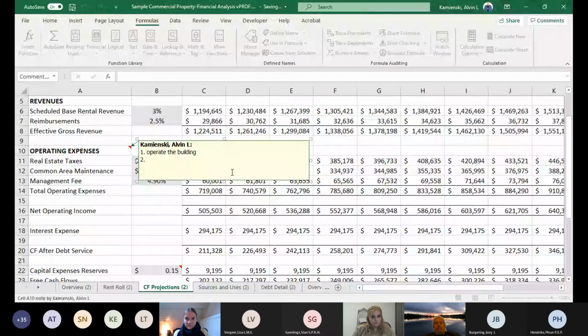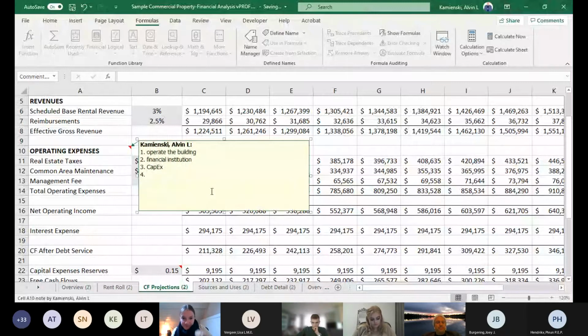After we operate the building, then you have to pay the financial institution back for the loan. Institution. How do you spell that? Institution. After we pay the financial institution, then now we have the ability to pay for improvements to the building that will allow us to continue to have renters in the future.